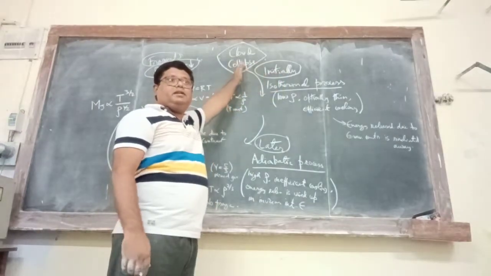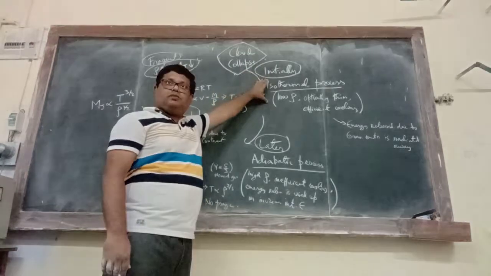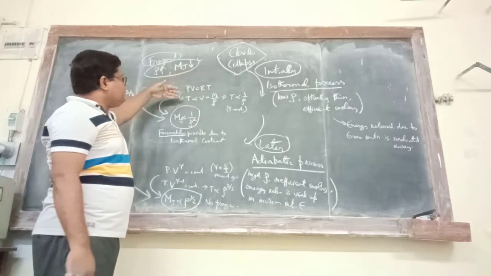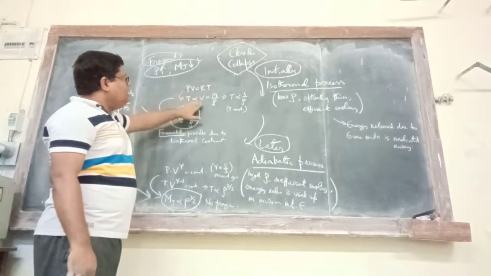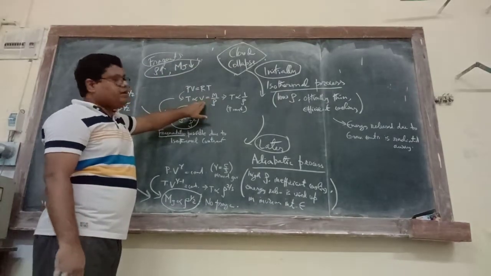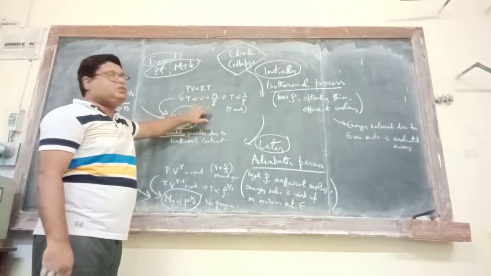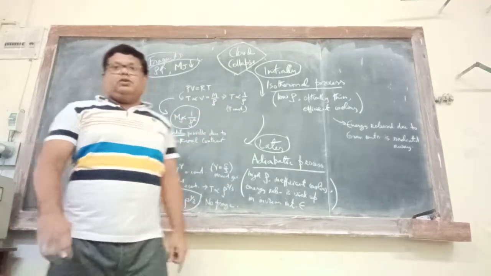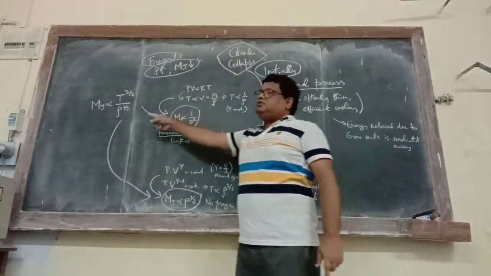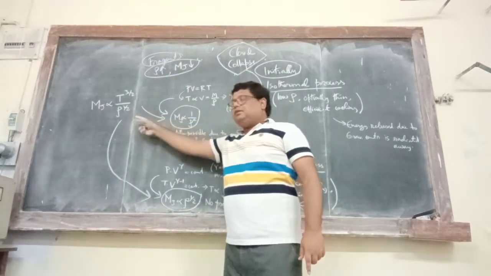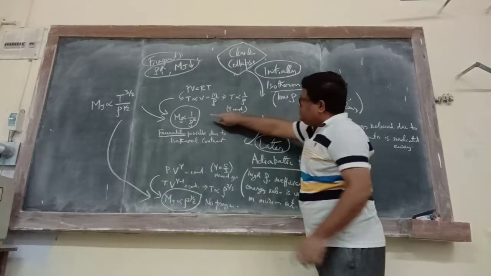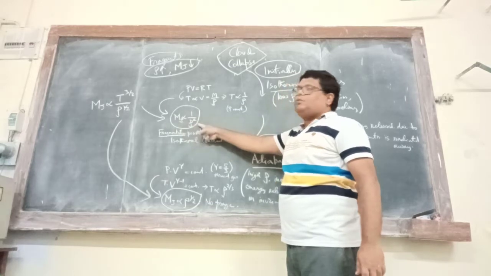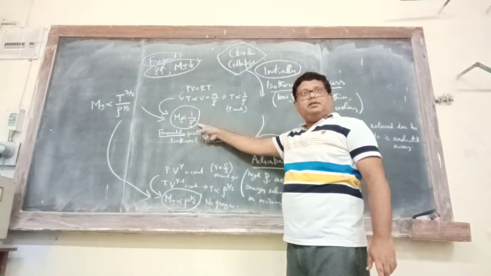I am saying in initial phases it is isothermal. In case of an isothermal process, we know PV is equal to RT, that means T proportional to V, or you can write V as mass by density. So this means P is inversely proportional to density. Now we already know the structure of the Jeans mass, right? So if you put in the terms, we get Jeans mass is proportional to 1 by rho square.